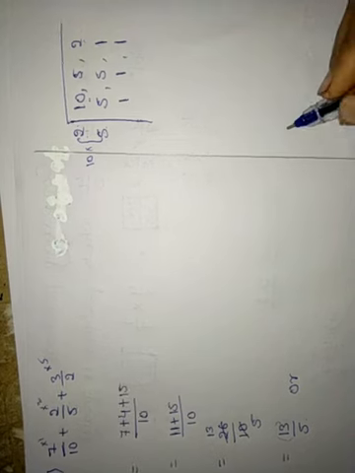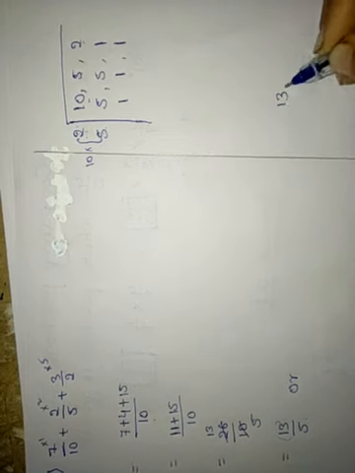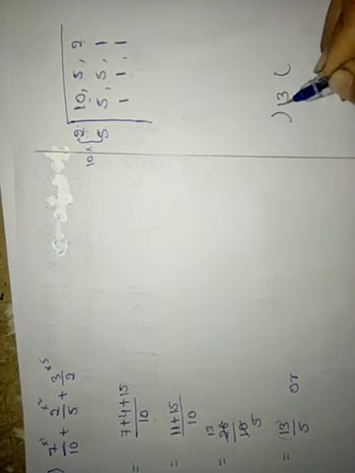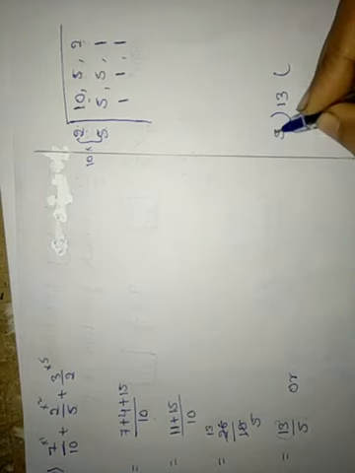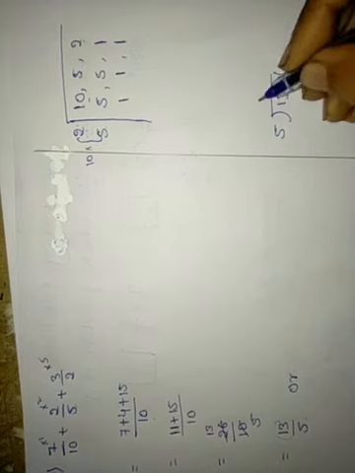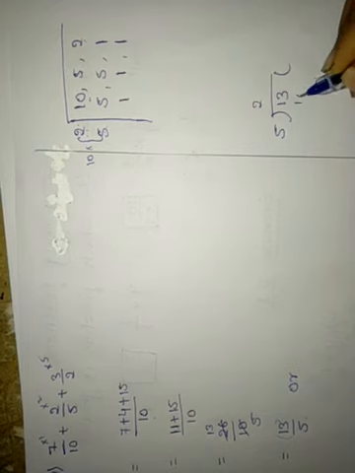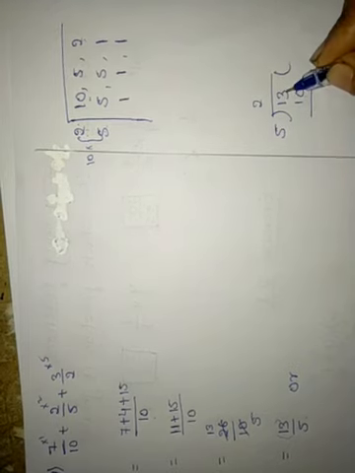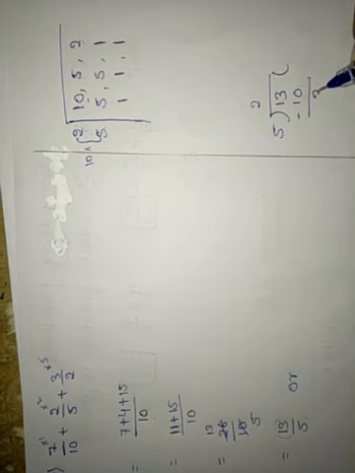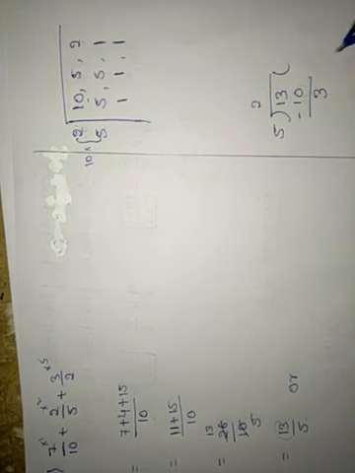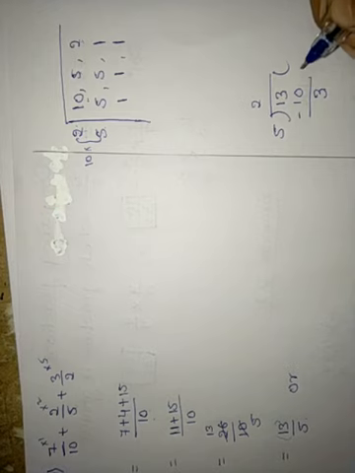To write it in mixed fraction, again we have to use the division method. That is, we have to divide the numerator by the denominator, that is 5. So 5 2s are 10, which is the nearest value for the 13, right? 13 minus 10 will get 3 here. Again 3 is smaller than 5, so we'll stop the division here.